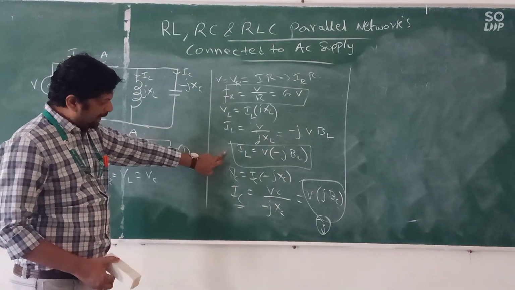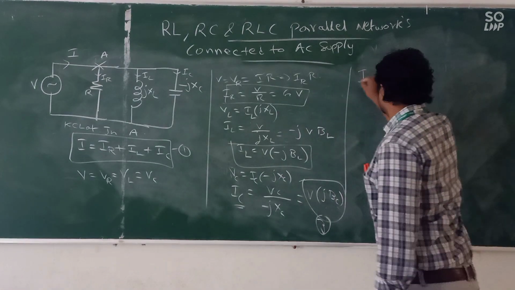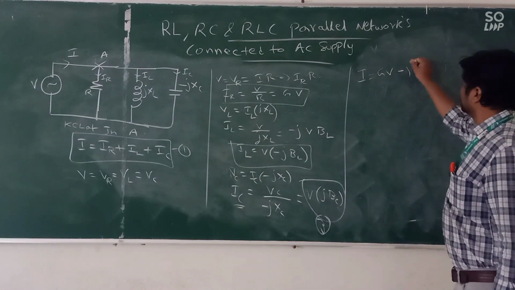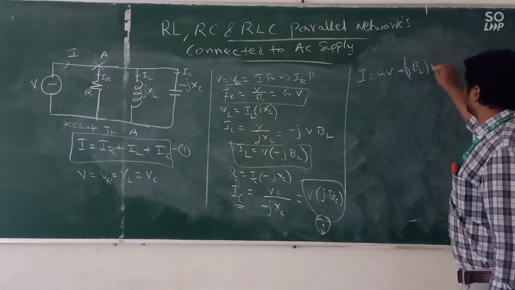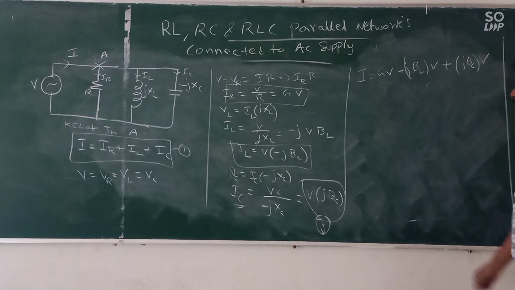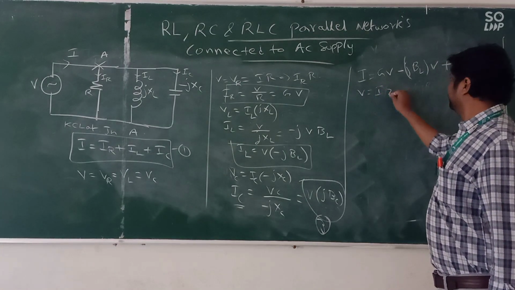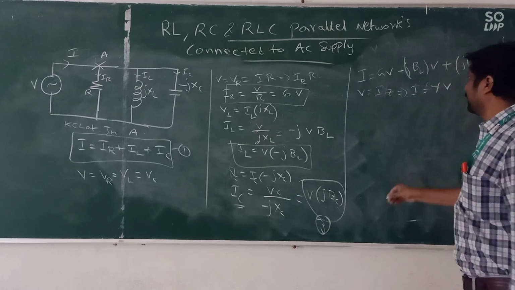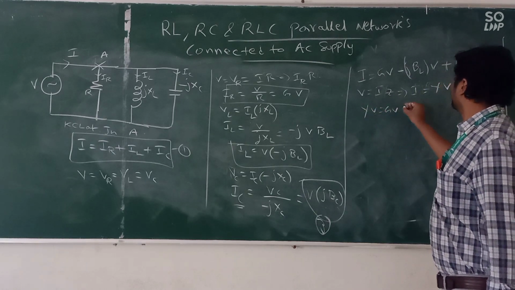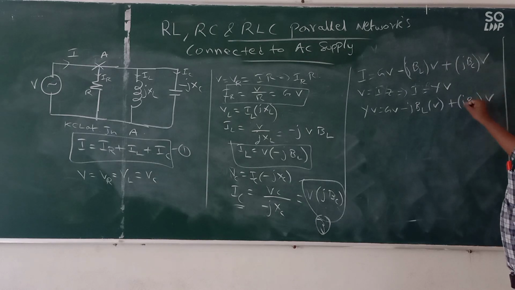If I substitute IR, IL and IC in the first equation, that is the KCL equation, then I can write I is equal to G minus J BL plus J BC, into V. From the admittance equation, V is equal to IZ, so from here I is equal to YV. So YV is equal to G minus J BL plus J BC into V. Minus J BL, plus J BC, the capacitive susceptance.